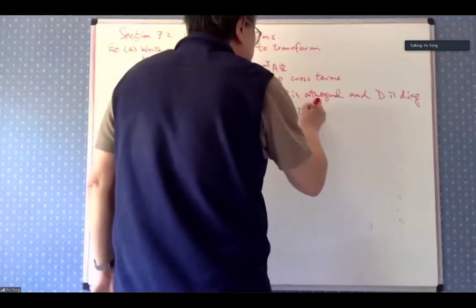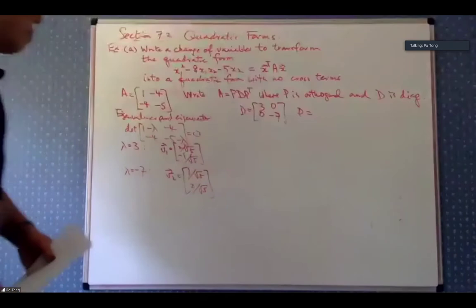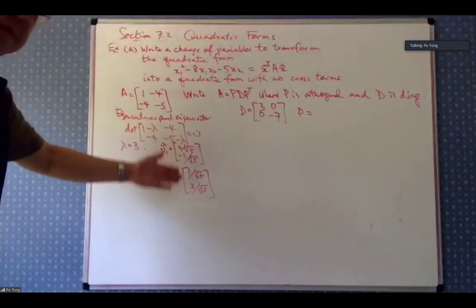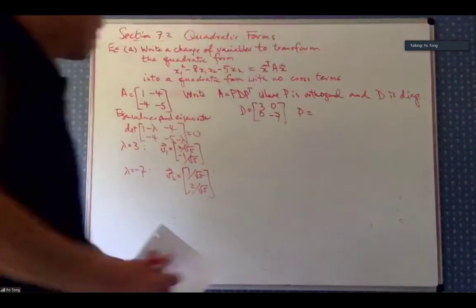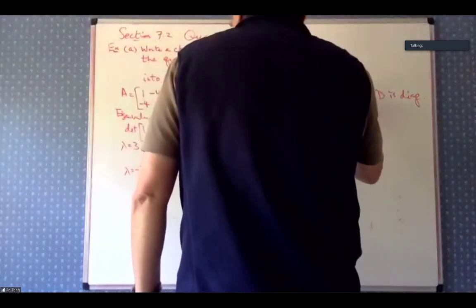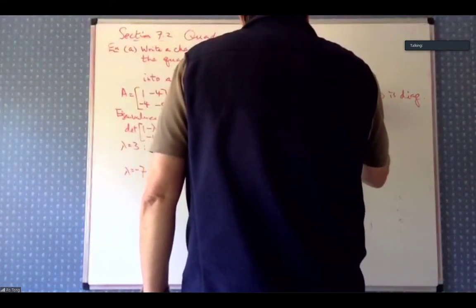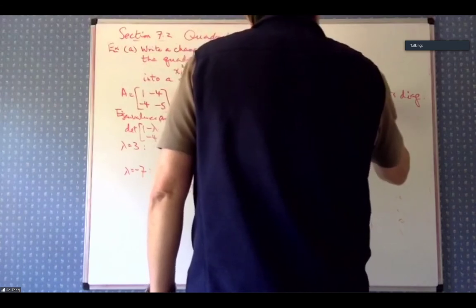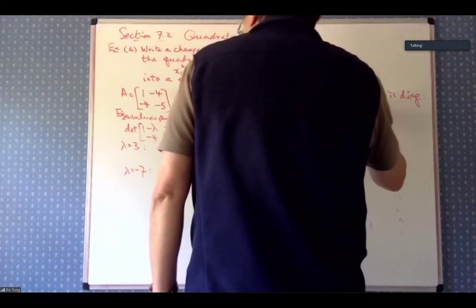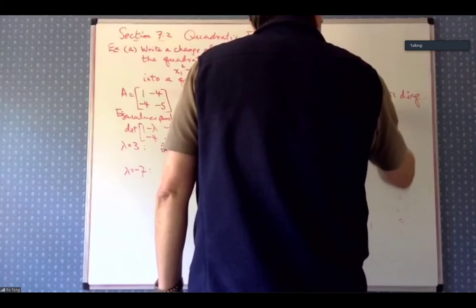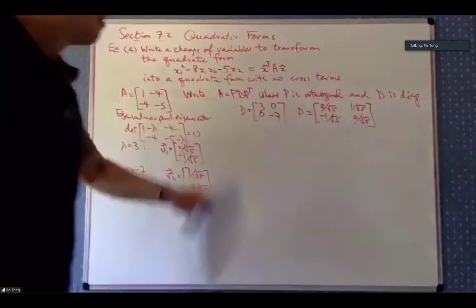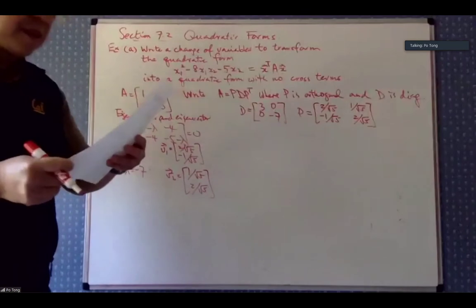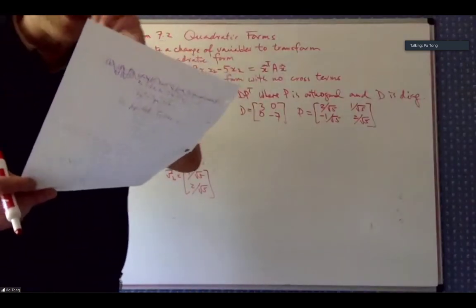What is my P? P is just these two vectors lined up as columns. Now notice that P inverse is just P transpose.